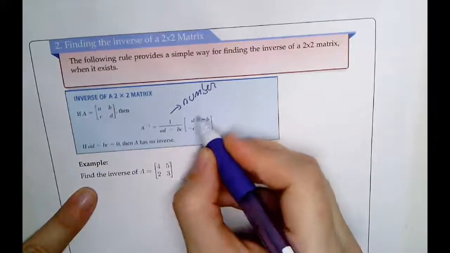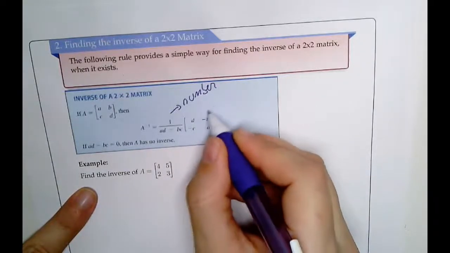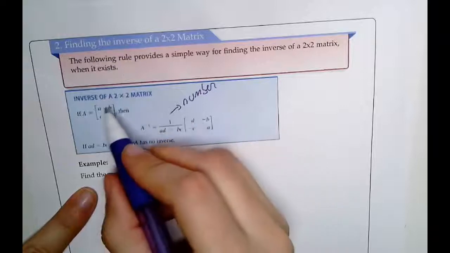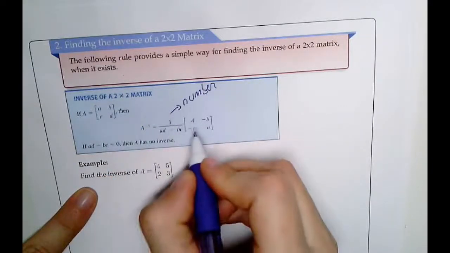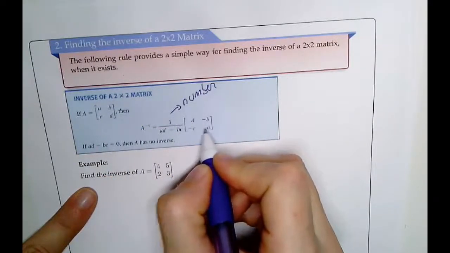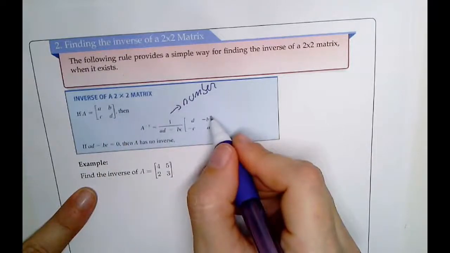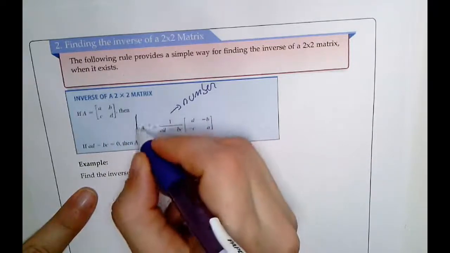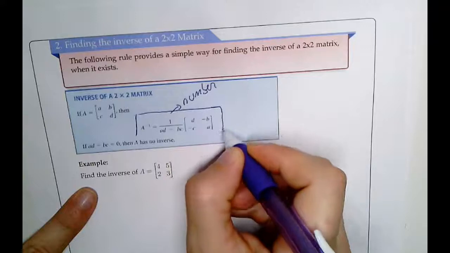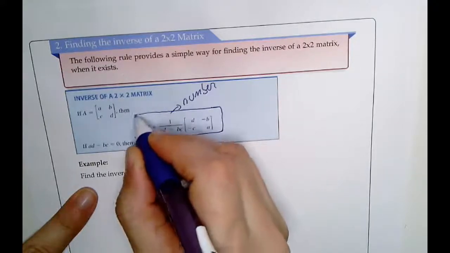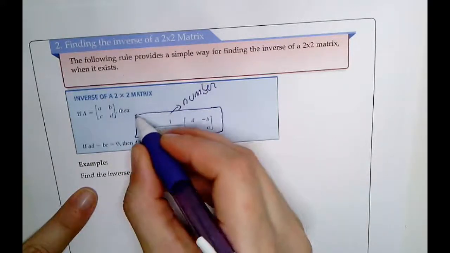And then multiply by this matrix. Notice that in this matrix, I just switched the A and D. So it has D here and A here. And then instead of B and C, I have negative B and negative C. So this is a rule that tells you how to find the inverse of any 2 by 2 matrix.